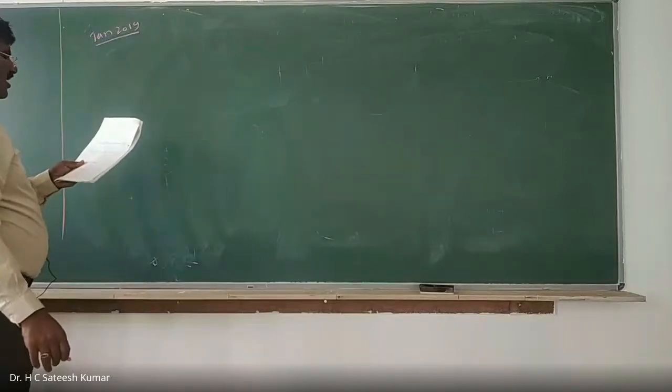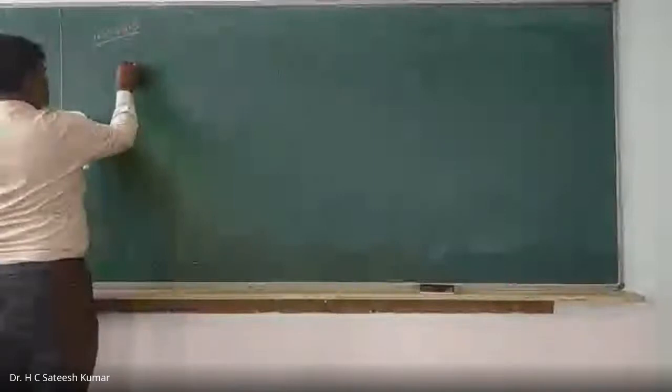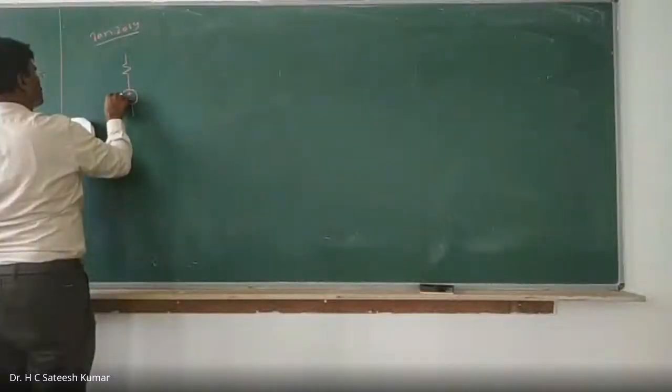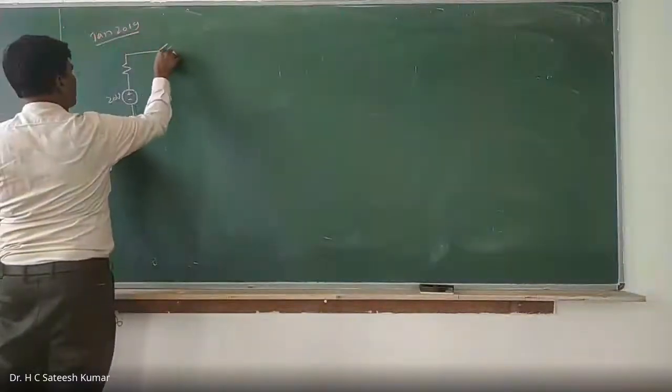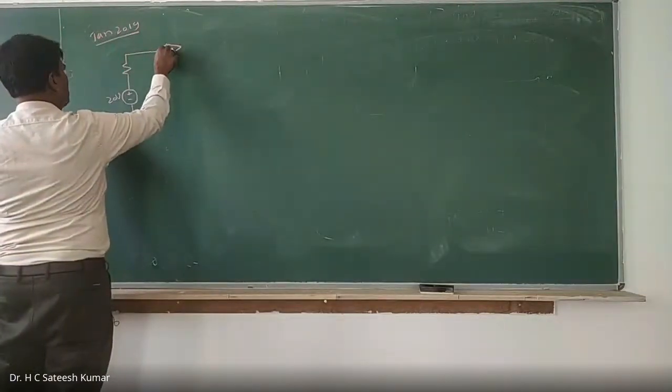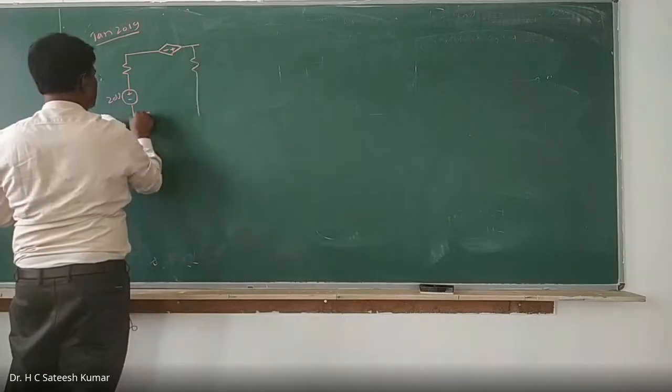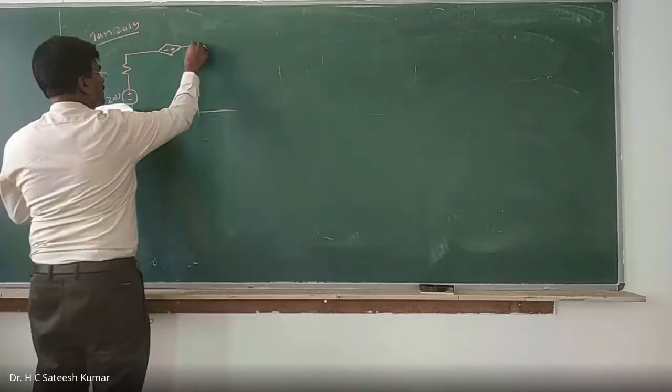Find Norton's equivalent circuit across the terminal AB. So, the circuit is something like this. Plus minus 20 volts, minus plus, 1 resistor across the terminal AB.